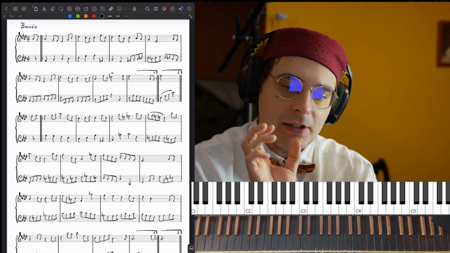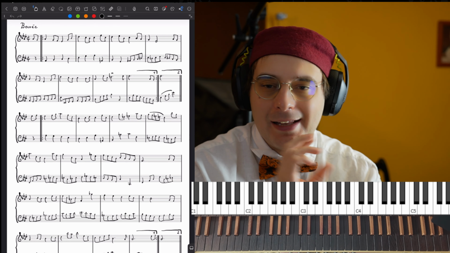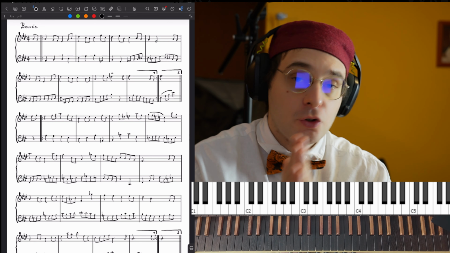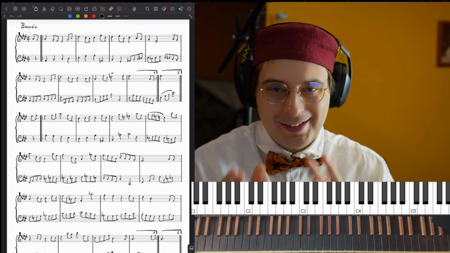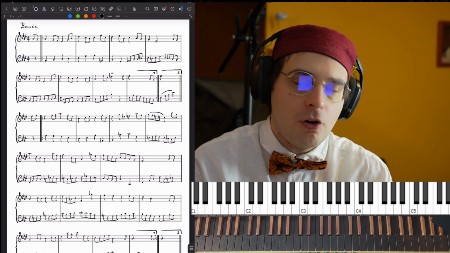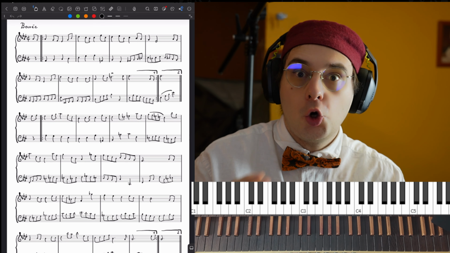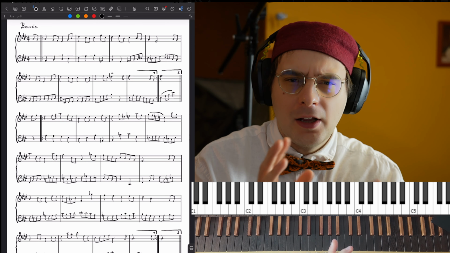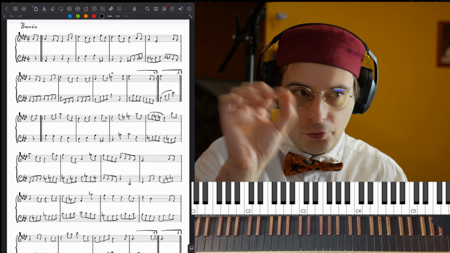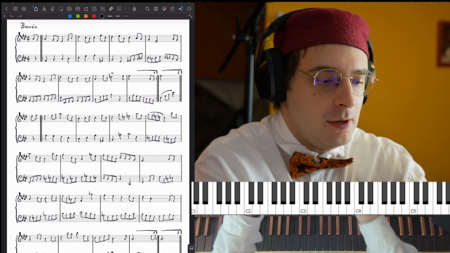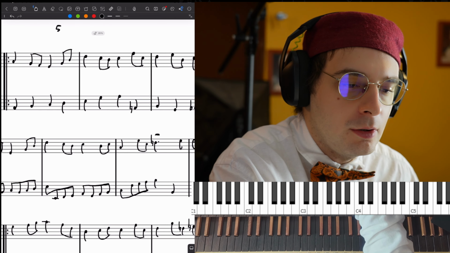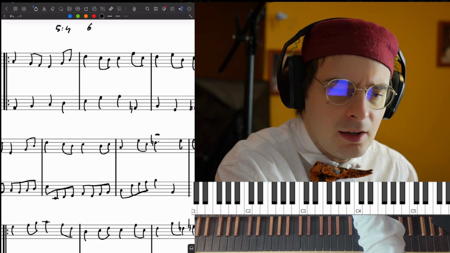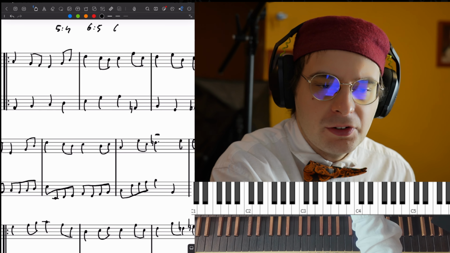the distinction between major and minor doesn't have to be understood as major mode and minor mode, but the major chord is more perfect than the minor chord, because the ratio of the major third is 4/5, while the minor third is something like 6/5, I guess.